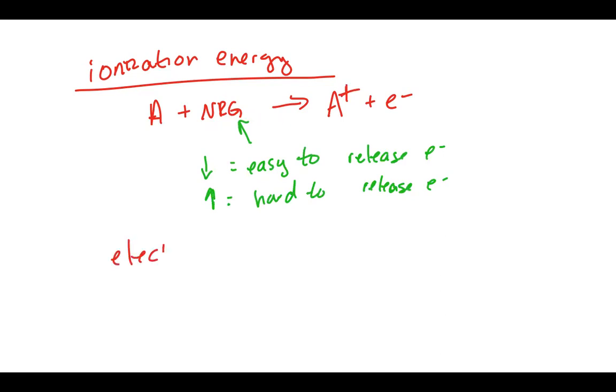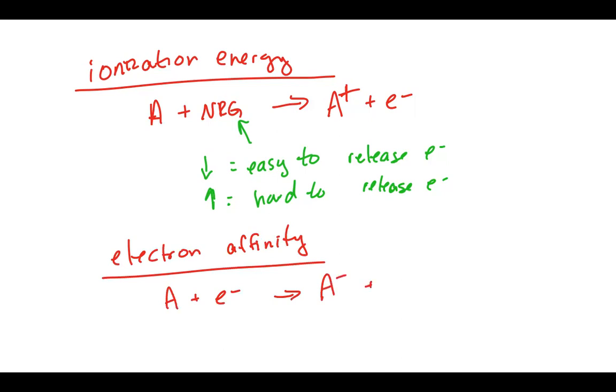For electron affinity, because the energy is being released, it's actually the opposite. So if the energy that is released is low, that means that it's hard to gain an electron.